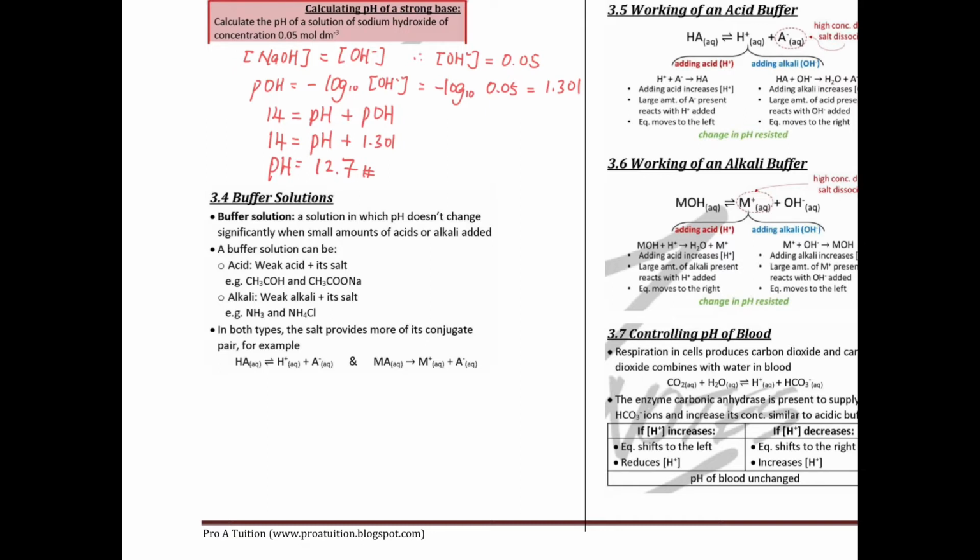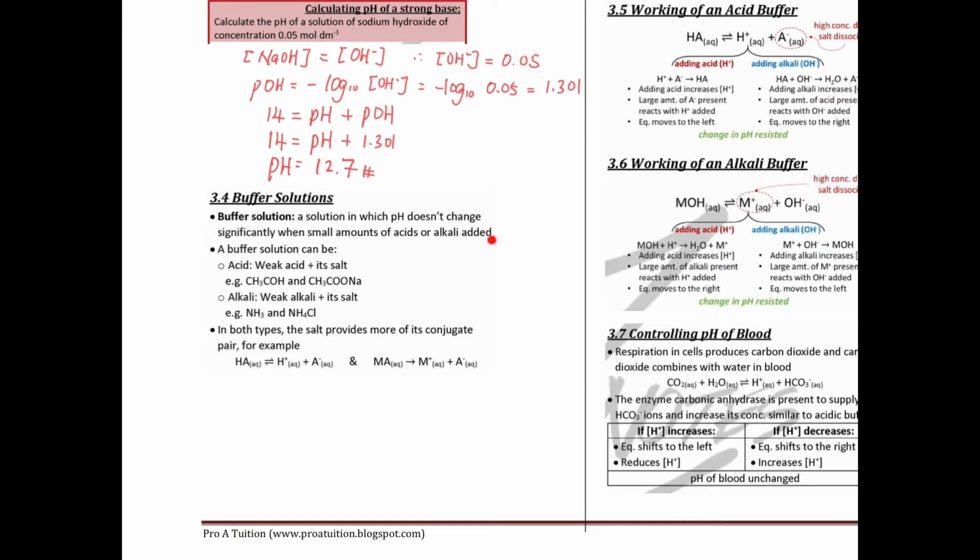Buffer solutions. Okay, for buffer solutions, first of all, we need to know what that is. Let's say a solution in which pH doesn't change significantly when small amounts of acid or alkaline are added. So an example is in our human body, in our blood.